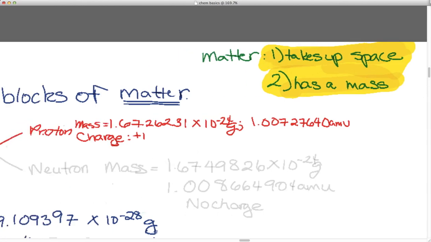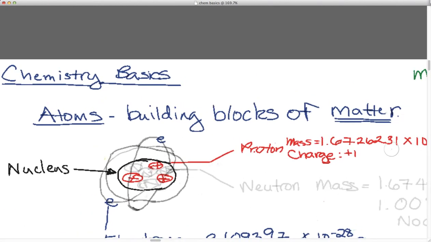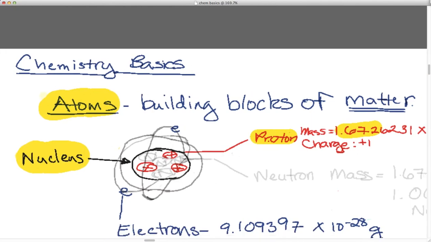And atoms are the building blocks of matter. And each of these atoms consists of a nucleus that within the nucleus has a proton, which has this mass. Most people just use 1.67. Let's move a little bit to the right.